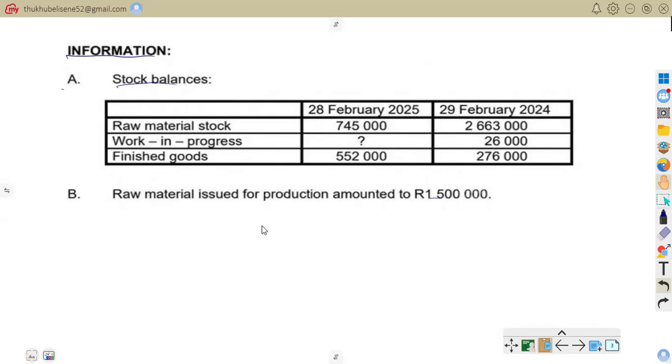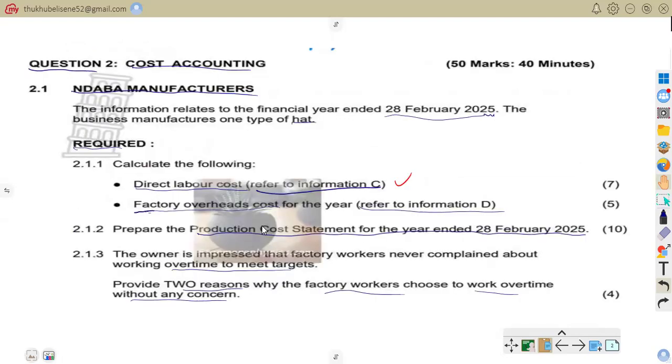The other question wants us to calculate the production cost statement for the year ended 28 February. So with the production cost statement, let us go to the information.